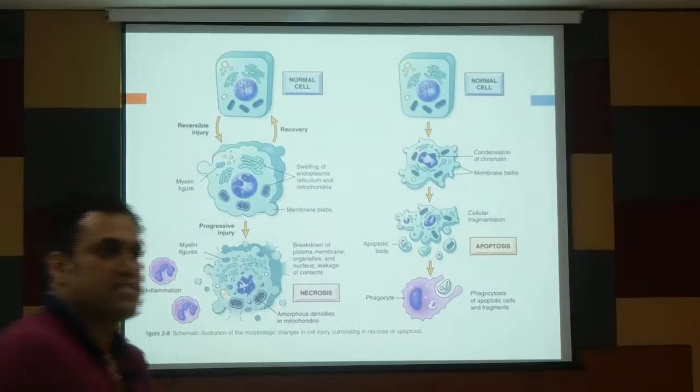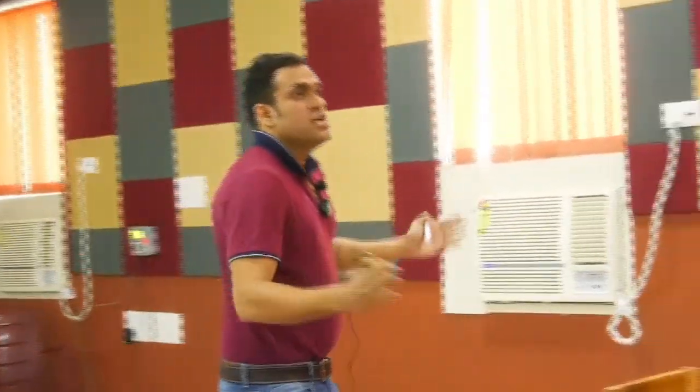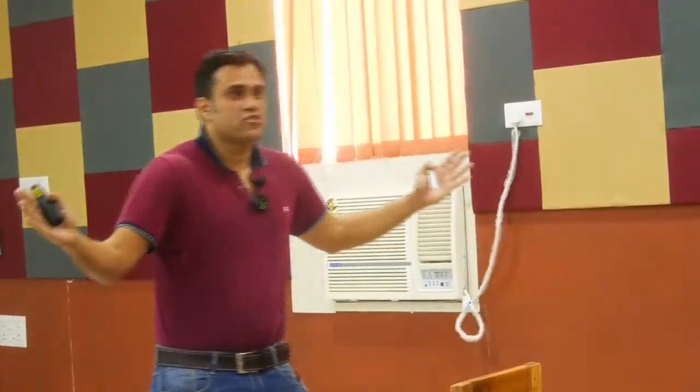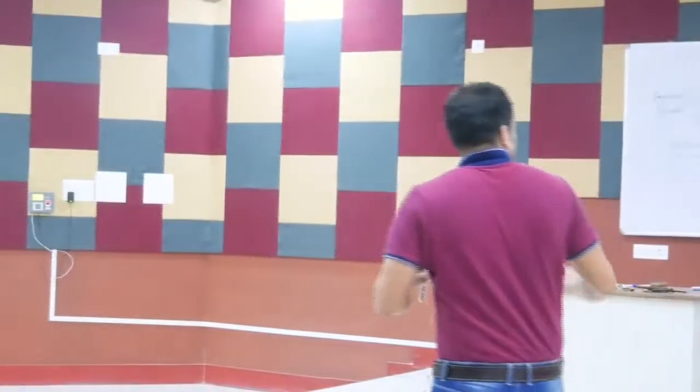There will be amorphous densities in the mitochondria, and everything which is present in cellular injury will exaggerate. And the cell will go into a stage of irreversible injury, a point of no return. Clear? So this is reversible and irreversible injury.